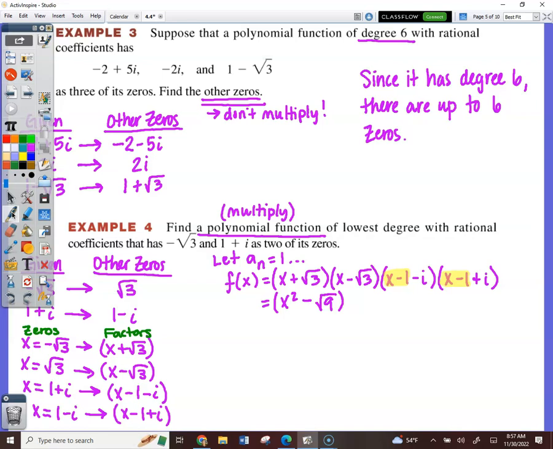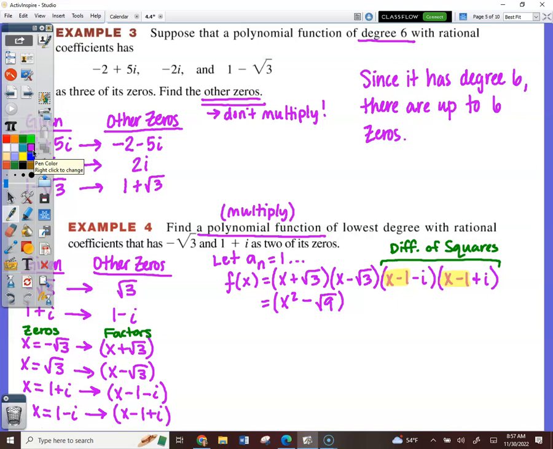Come back over here. It'd be like me saying x plus root 3 times x minus root 3. I said the same exact thing with one sign change: yellow minus i times yellow plus i. This is actually still a difference of squares if you can look at it strategically, with those first two terms as like a block, right?